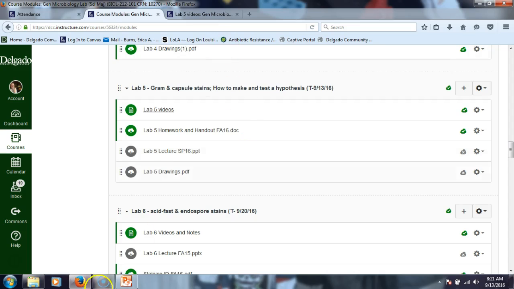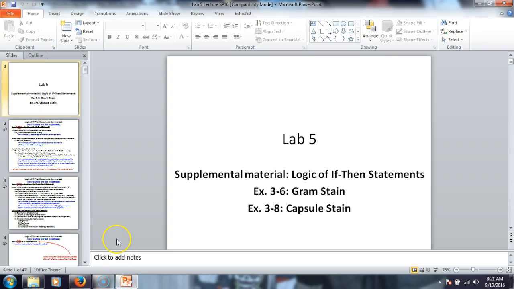Next week's quiz will actually be a practical quiz, which means you will do the gram stain again for your quiz and focus your slide under the microscope. The only step you won't do is make the slide. I will give you a pre-made heat-fixed slide for gram stain.